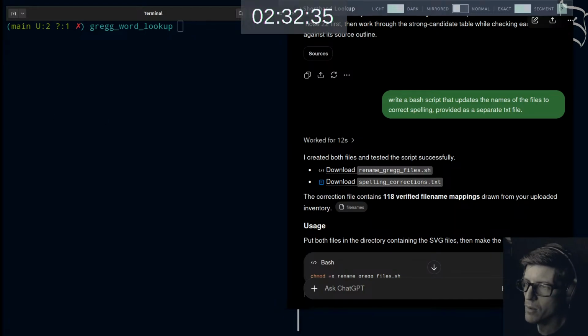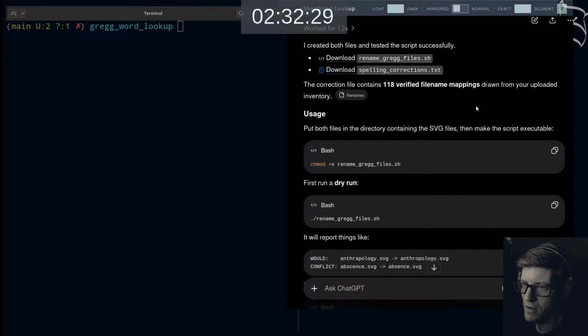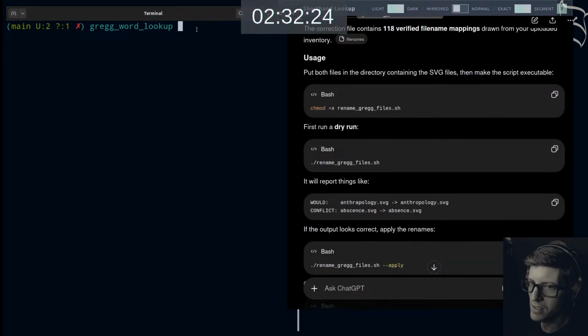Okay. So now what I have to do is I'm going to go back to the directory. It contains 118 verified file names. Place both files in the directory. So I'm going to make it executable by typing chmod. That changes the value to make it executable, plus x. And I'm going to rename Gregg.